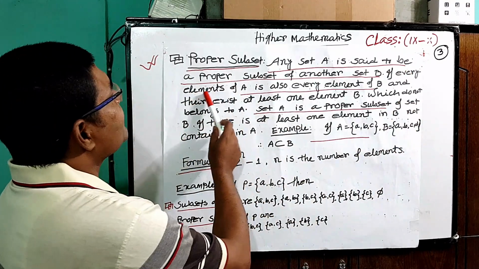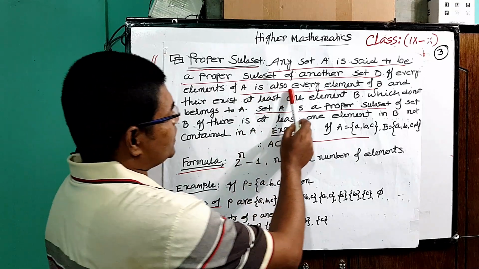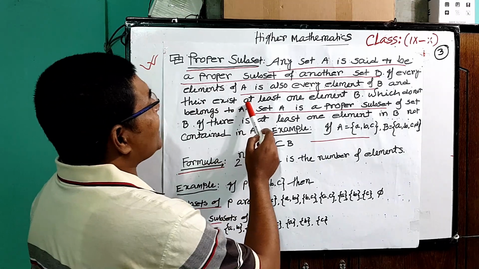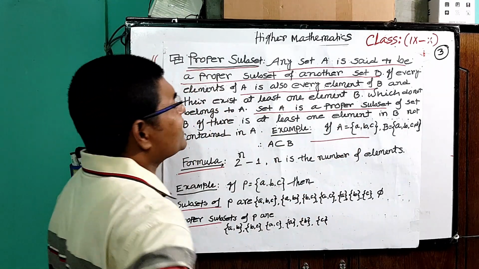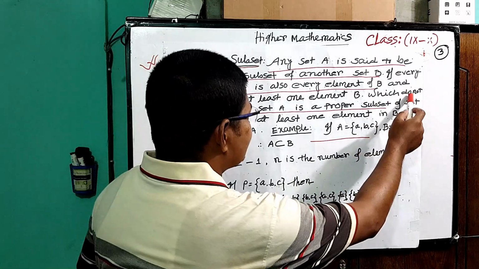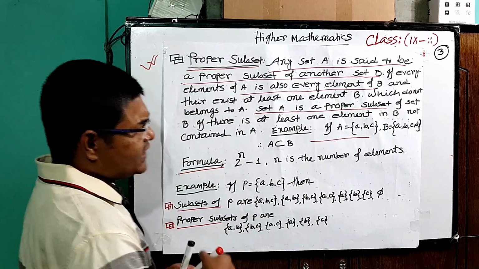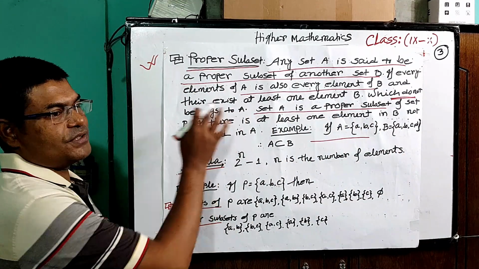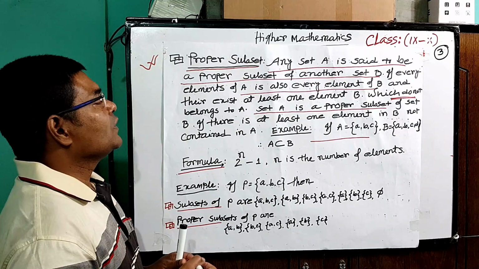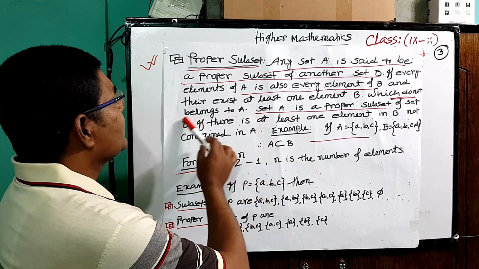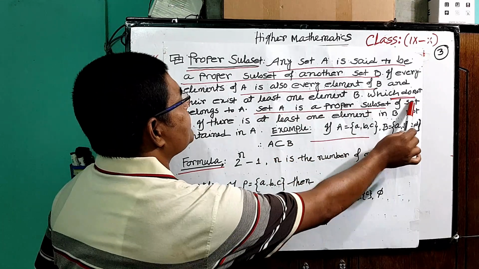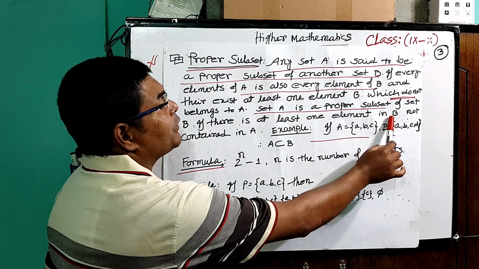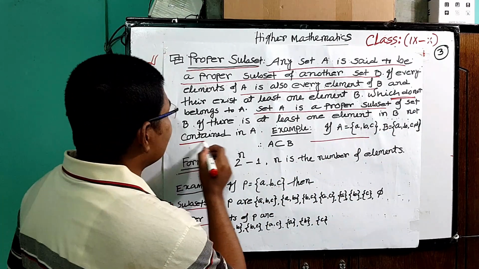If every element of A is also an element of B and there exists at least one element in B which does not belong to A. So set A is a proper subset of set B if there is at least one element in B not contained in A.